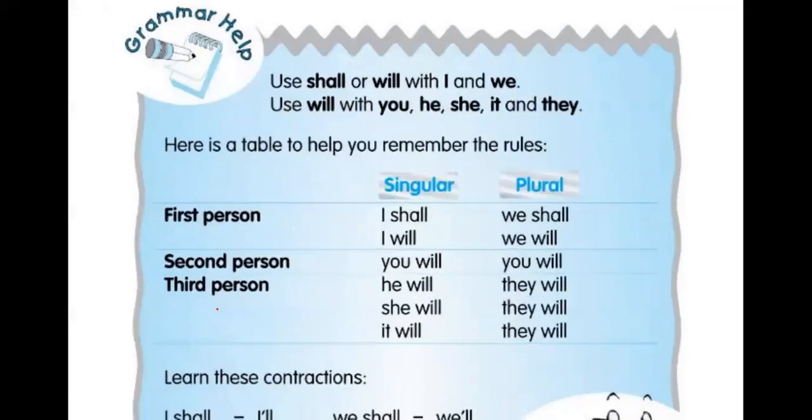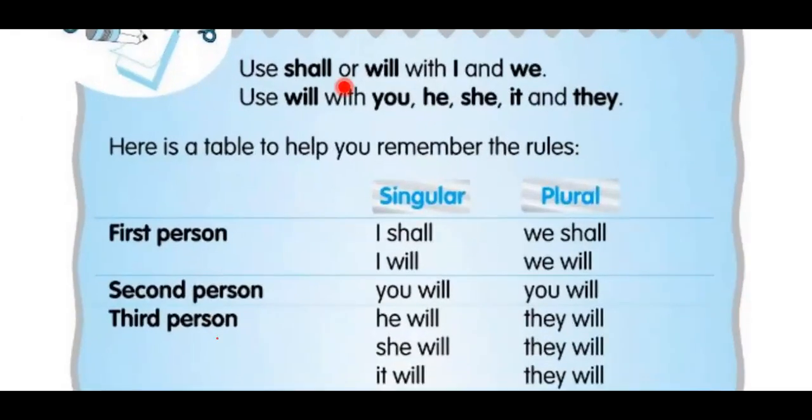Now let's see the table. Use shall or will with I and we, okay? So with the pronouns I and we, we will use shall and will. I shall, I will, we shall, we will. So with I and we, we can use both shall or will.